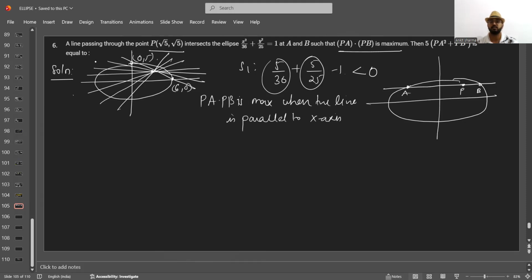When the line is parallel to the x-axis, we know the y coordinates of B is root 5, and the coordinates of A also is root 5. And the coordinates of P we already know are root 5 comma root 5.